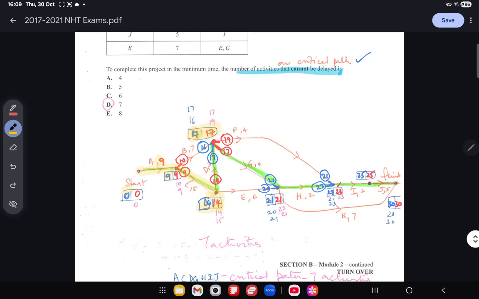And then earliest start time of 17 plus 4 is 21. And I see that they're the same here, so go along that way. And then 21 plus 2 is 23, and 23 plus 2 is 25, and so the number of activities, if you count them, 1, 2, 3, 4, 5, 6, and 7, and the answer is 7.